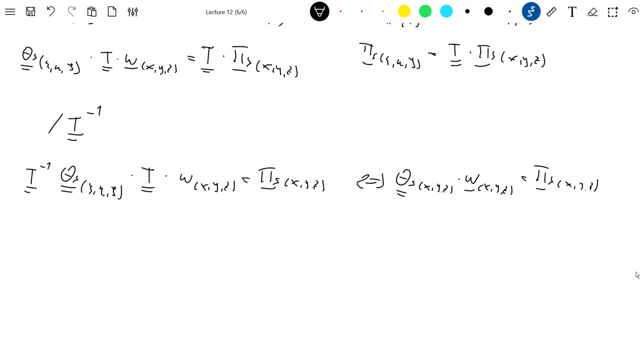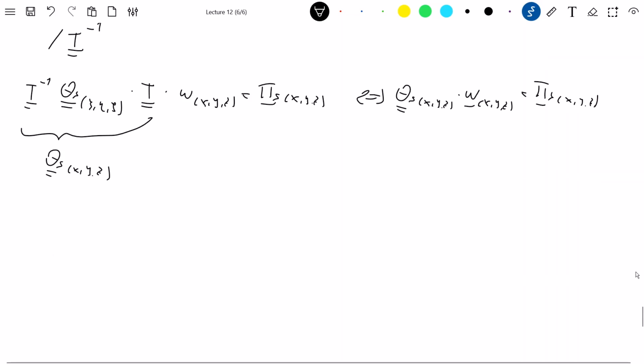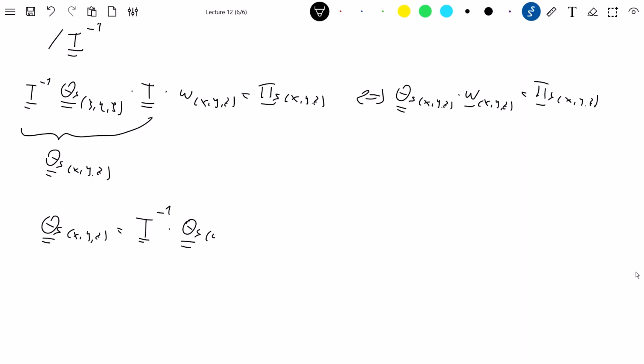We have that this basically is Θs in the x, y, z. Okay, so what we obtain is that Θs in the x, y, z is equal to T to the power of minus 1 times Θs in the ψ, η, ζ times T.